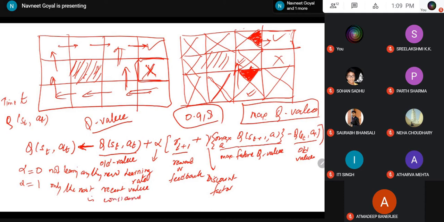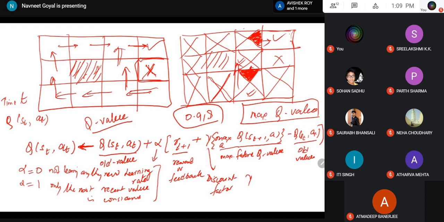Okay, so these are the two interpretations for the extreme values of alpha. So alpha 0 means there is no learning. Alpha is equal to 1 means only the most recent value is considered, right? So now let me come to gamma.